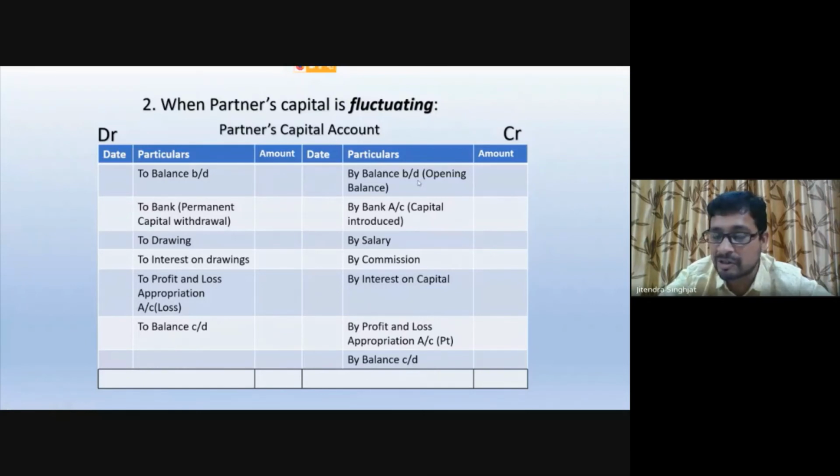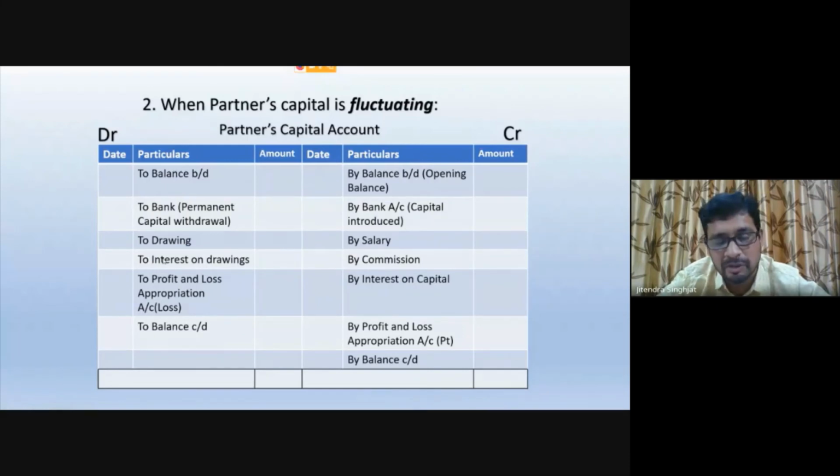Not only capital is recorded, but other than capital, whatever partners are getting is also recorded in the credit side. If there is any profit, it is credited. If there is any loss, that is debited. Whatever partner has to give, whether it is permanent withdrawal of capital or they are drawing temporarily and will return, and interest on drawings, will come in debit side.